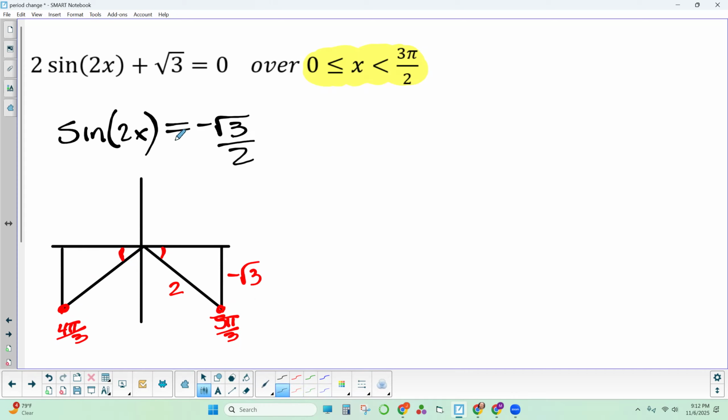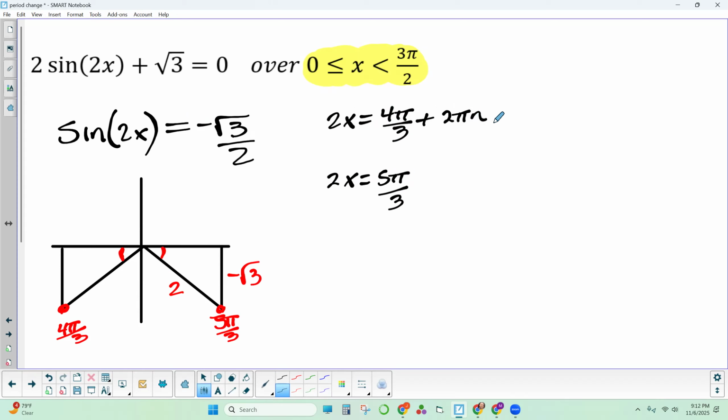What I'm going to do is set 2x equal to the first angle, 4 pi over 3, and 2x equal to the second angle, 5 pi over 3. Now, I am going to be looking for these along different intervals, so I want to add a period of sine, which is 2 pi n.